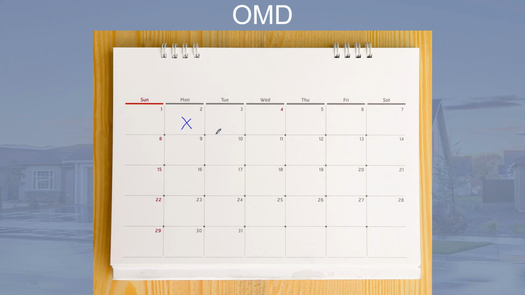I now have, under the MLS rules, 3 calendar days beyond that date to get it into the MLS. So Tuesday would be day 1, Wednesday would be day 2, and then Thursday would be day 3. So I would actually have to have that listing into the MLS no later than 3 calendar days beyond that day. And that is really important to understand.